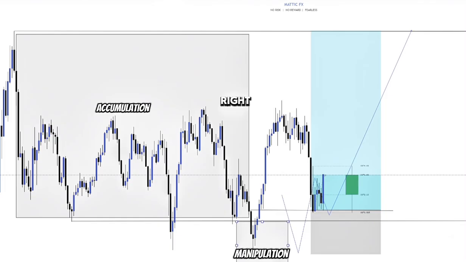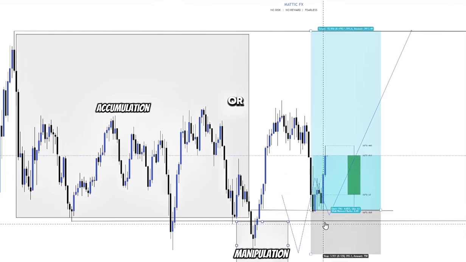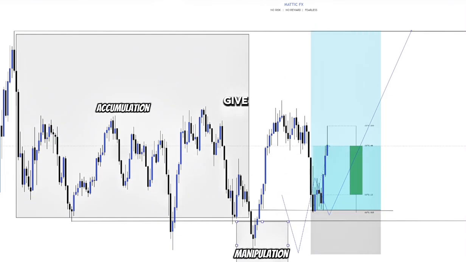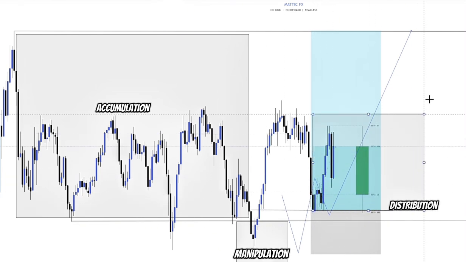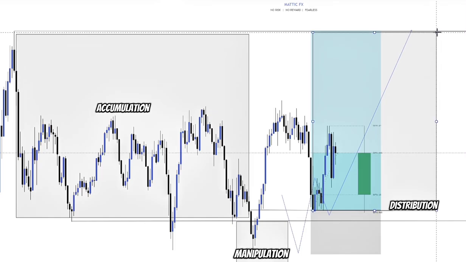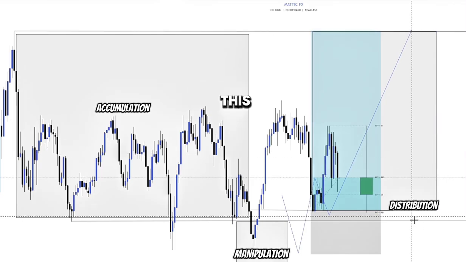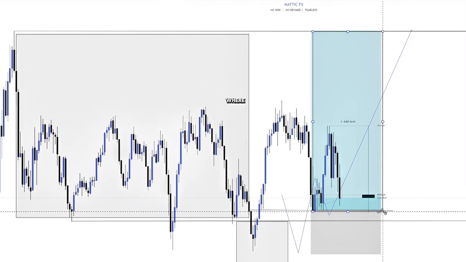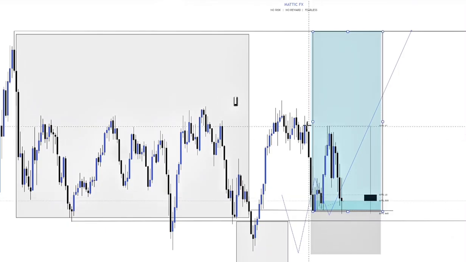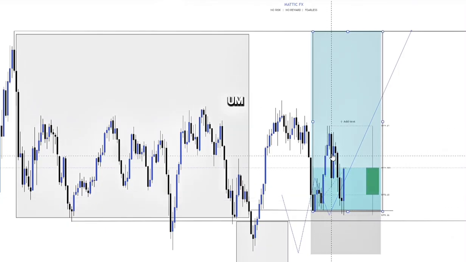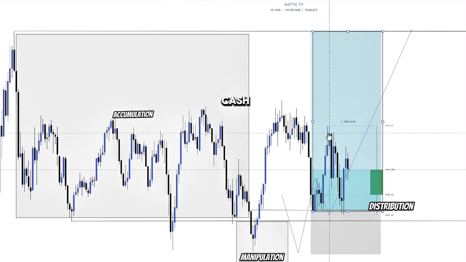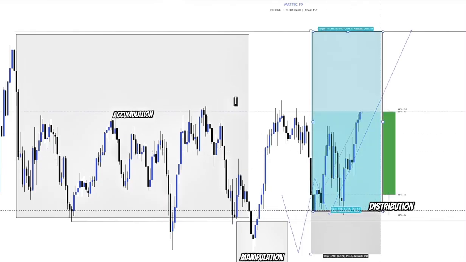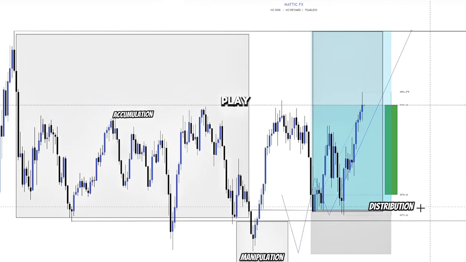This right here is our retest to give us our distribution. So this is distribution right here. Already at this level where price went here, I would either move my stop loss to break even or take out a bit of cash. It went ahead and gave us a retest. Like I said, I set it and I left it so it could play out.